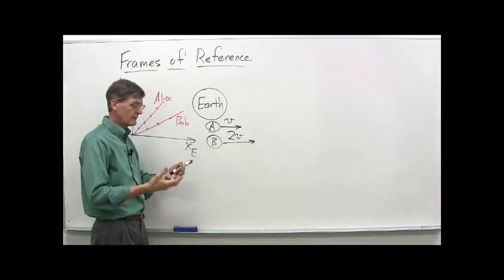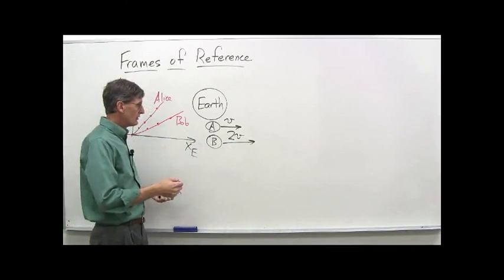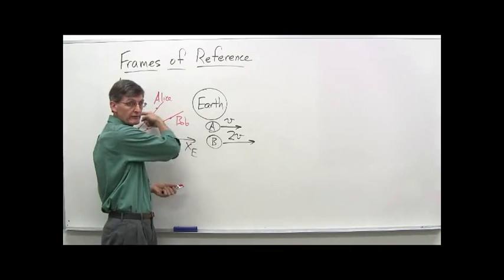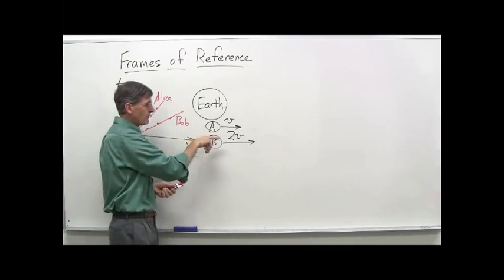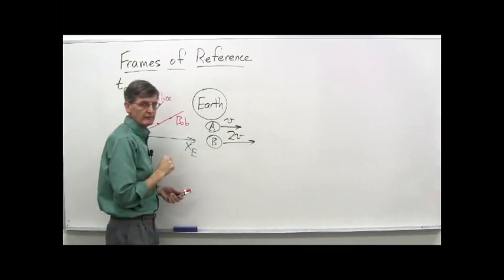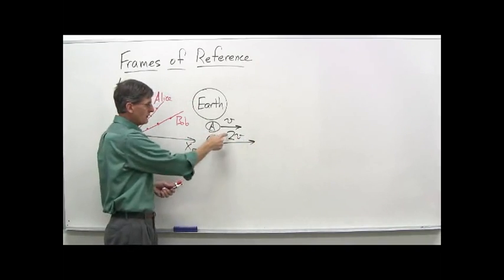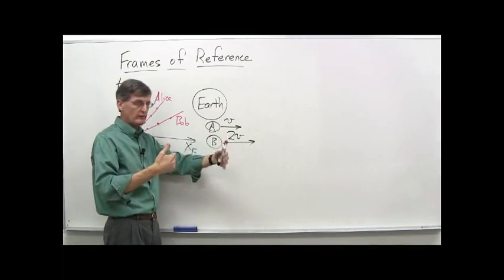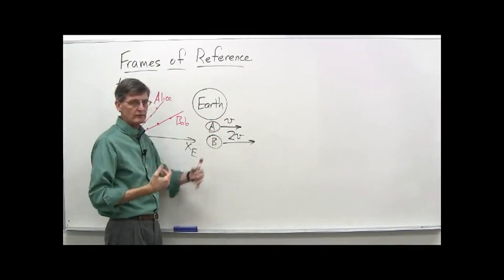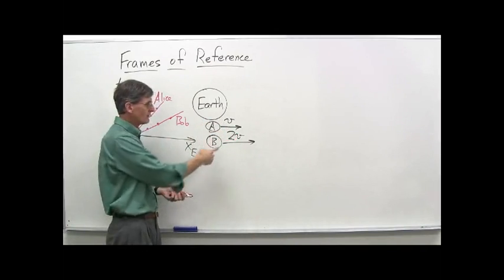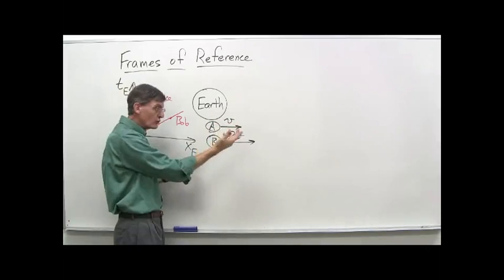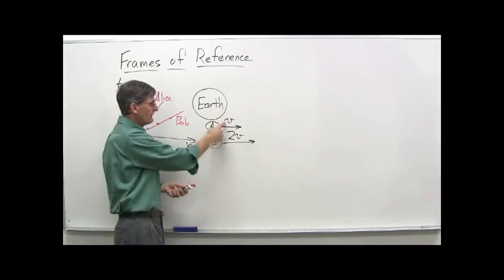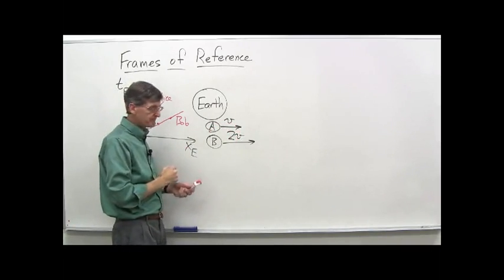So from the perspective of her cockpit, she sees Earth receding at velocity v. She sees Bob going away from her at velocity v as well, because the difference between their velocities, Alice's and Bob's, is just v. 2v minus v leaves us just v. So if Bob was going 20 meters per second, then Alice is going 10 meters per second.